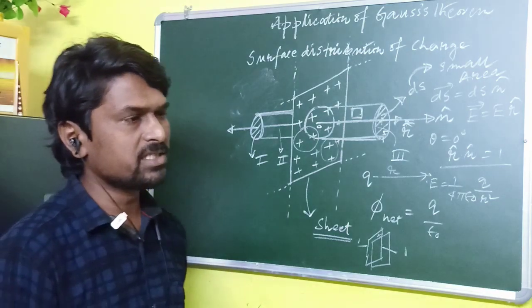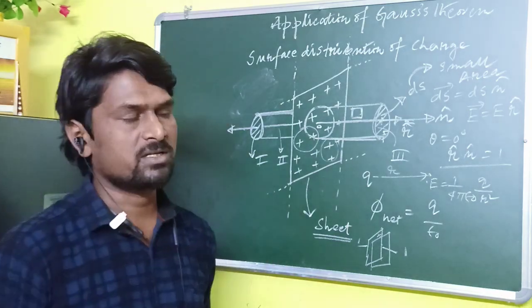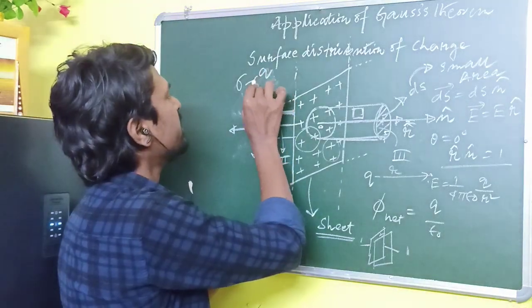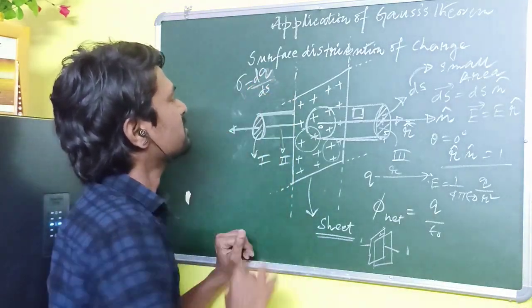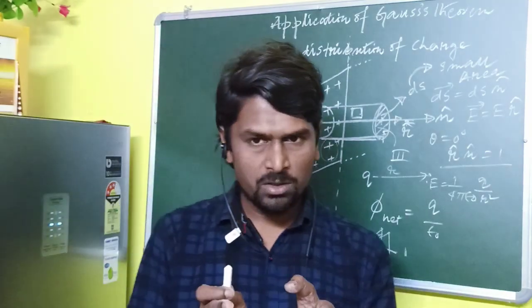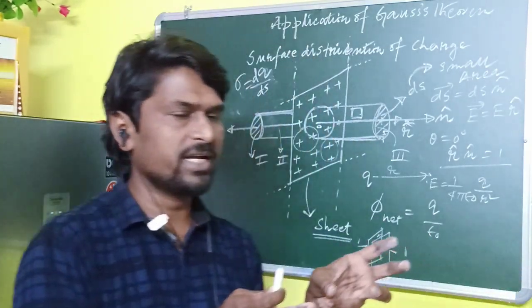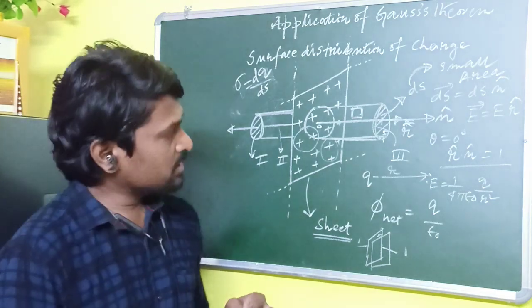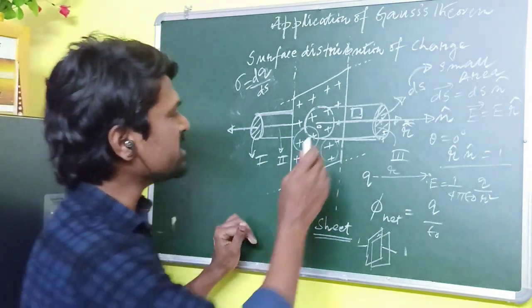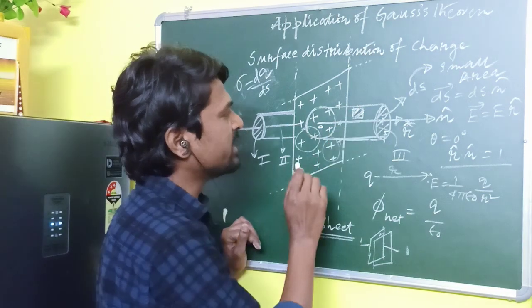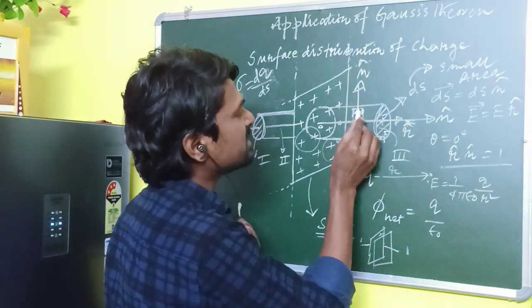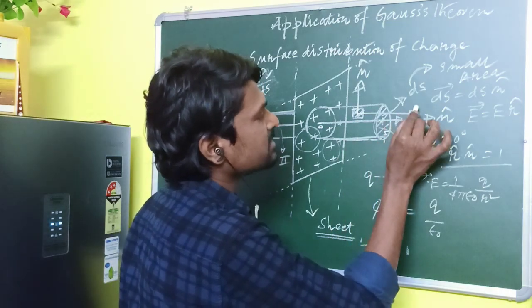When the charges are distributed uniformly, then you can take sigma equal to dq by ds, the charge content within that small element. If we take a small area over here, then the outward normal is along this direction, but the electric field still acts along this direction.